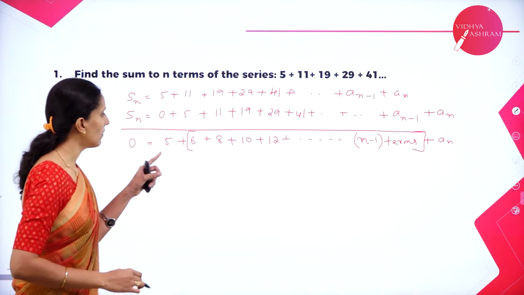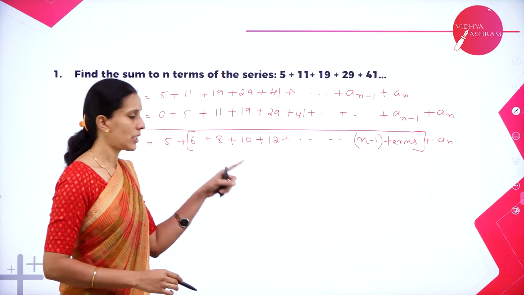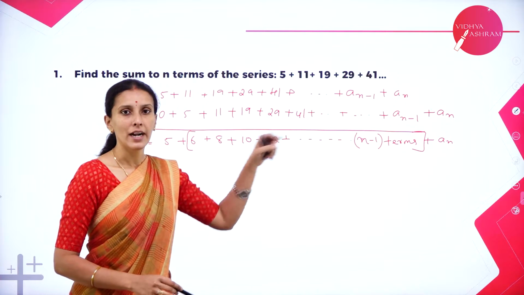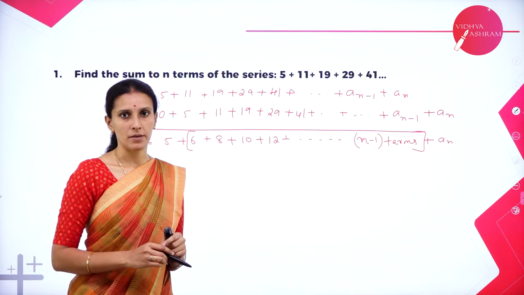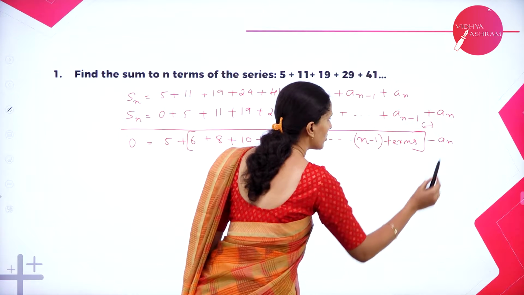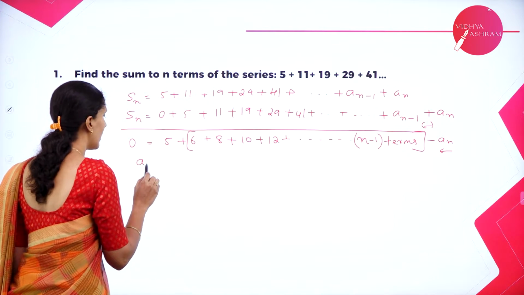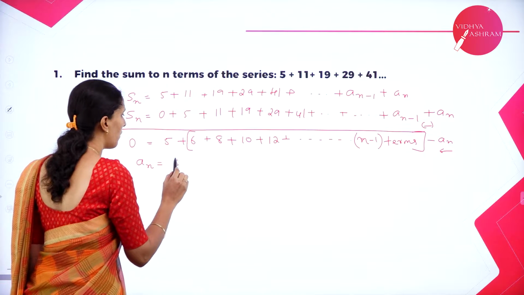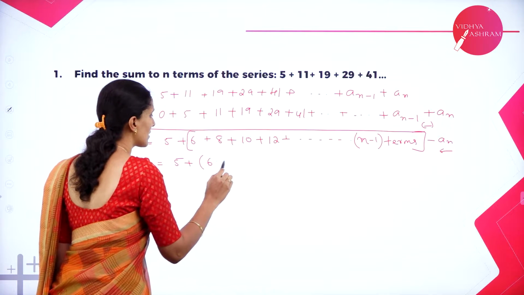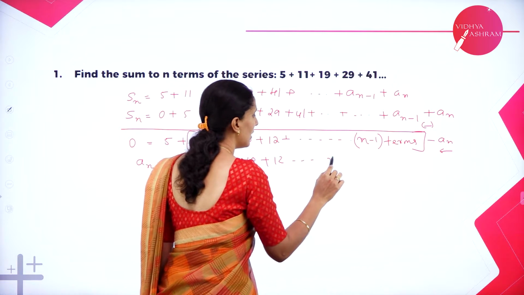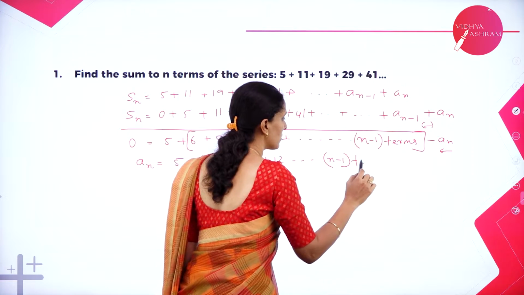So here we have a sequence of even numbers, that is 6 plus 8 plus 10 plus 12, etc. until n minus 1 terms. So, we'll change the sign to minus. We will shift an here. Then an is equal to 5 plus 6 plus 8 plus 10 plus 12 until n minus 1 terms.